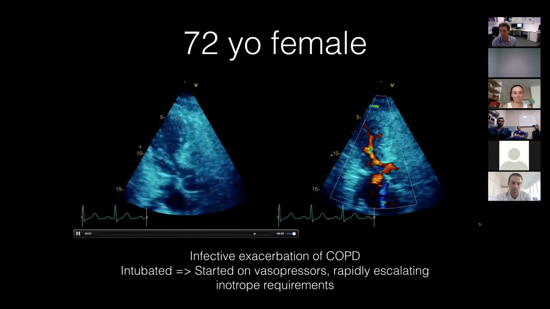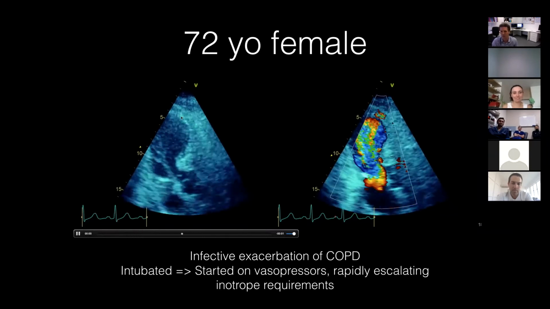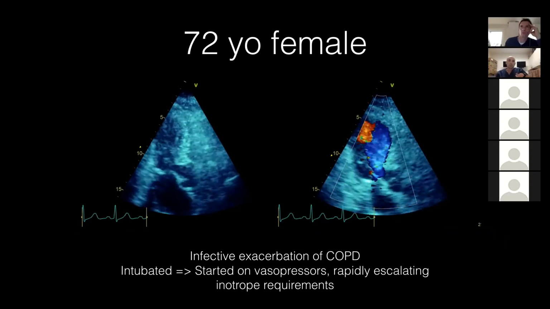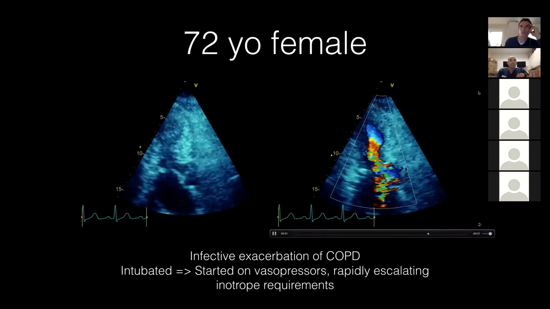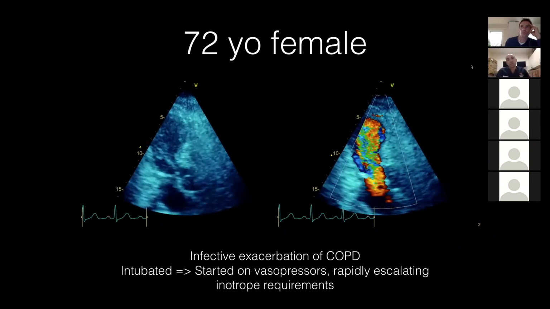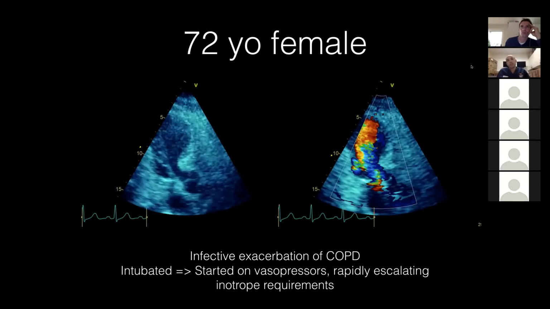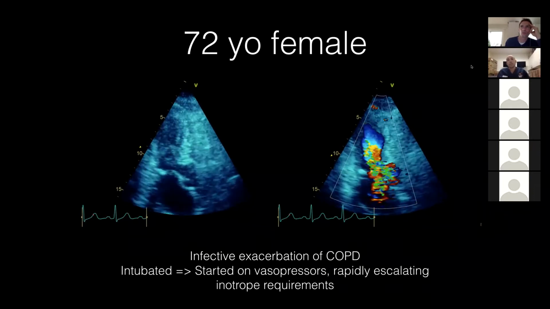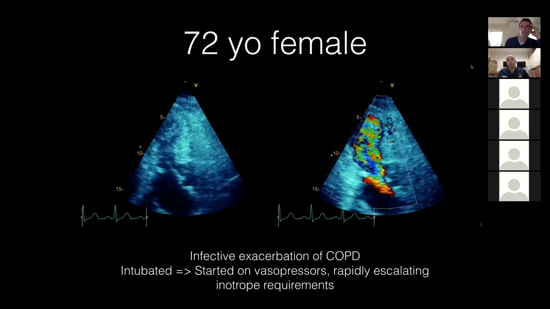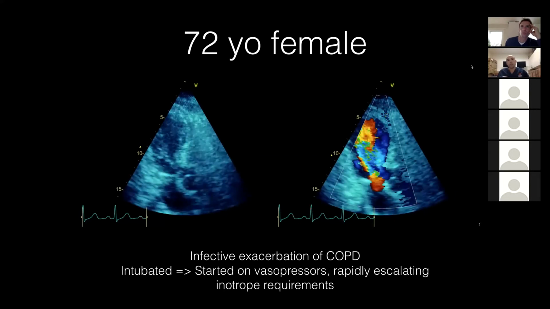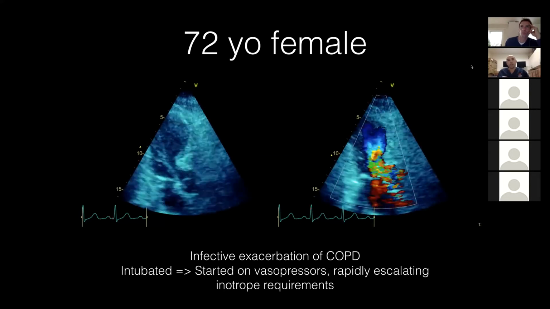Does anyone, just in the meaning of time, I might just skip through people if that's okay. Oh, no, that's unfair. Lewis, have a crack at this. Lewis McLean. So this lady, rapidly escalating inotrope requirements, infective exacerbation of COPD, just arrived in the ICU, tubed. Yes, so apical 3-chamber with colour over the ventricle on the second loop.